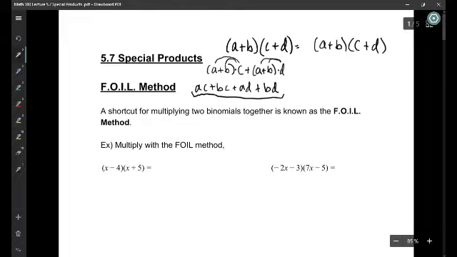and then multiply the first terms, then we get a times c. And then multiply the outside terms here.